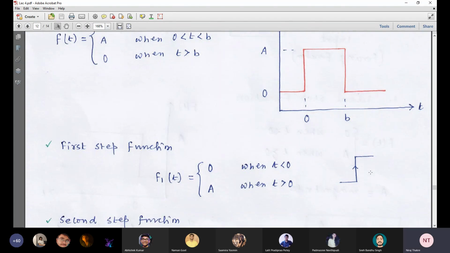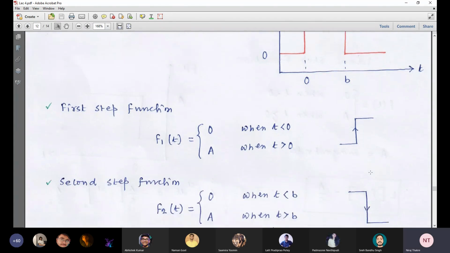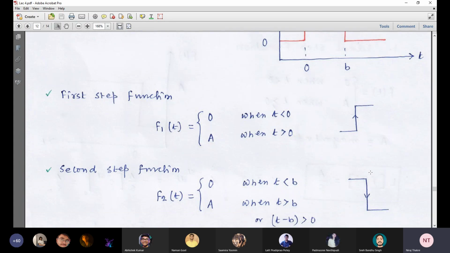In a similar fashion, we can consider the next part like this, you see. Second step function is like this. Here we are considering the top branch as 0. We are starting from 0 to a basically. This is a step decrease.